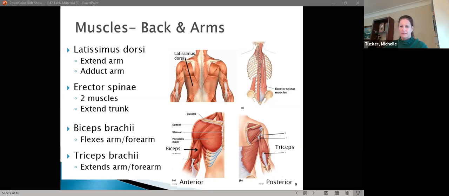The triceps muscle is the main forearm extensor, so it's going to extend at that elbow joint, and it can also extend the arm at the shoulder. Those are unique in that, because of the way the joints are aligned, biceps flex both the arm and the forearm, and triceps brachii both extends the arm and the forearm.